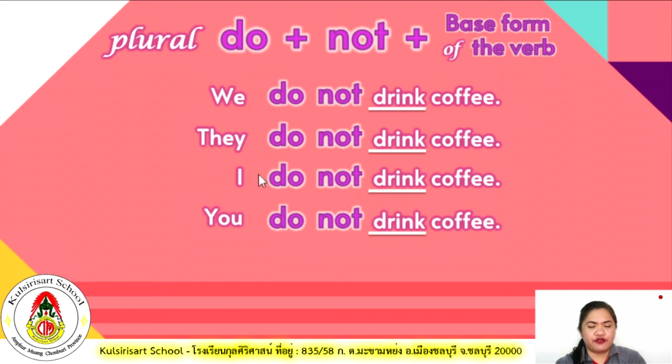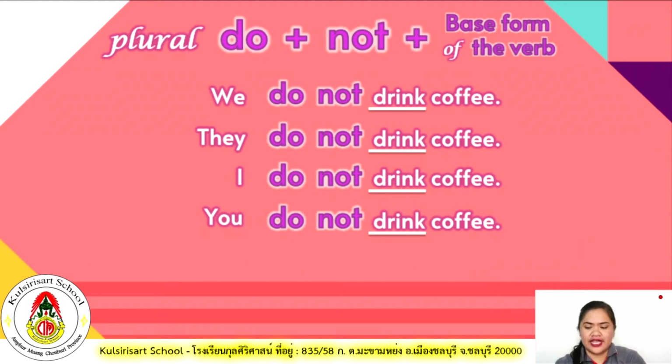Meaning, if you are using I and you as the subject, you will always and always use do, and then the negative, not, followed by the base form of the verb. The I here is singular and the you here can be singular or plural, but remember to use do and then the following rule.